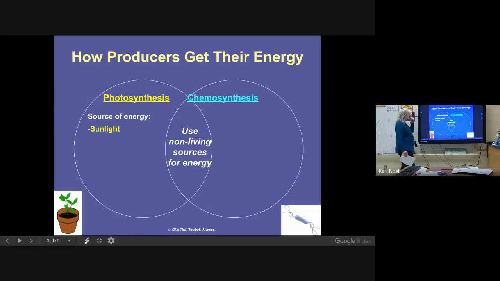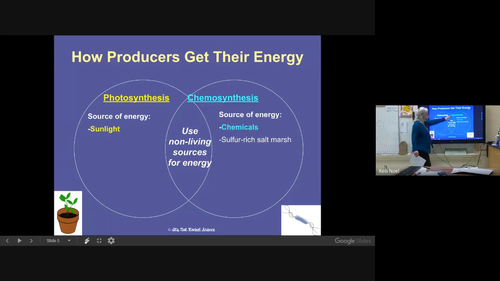Photosynthesis, the term photo is light. It is going to use sunlight. Chemosynthesis, chemo means chemicals, they're going to use chemicals. Usually it's going to be sulfur, but it may be some other types of chemicals. So one example is sulfur-rich salt marshes. Examples for photosynthesis are green plants, something called cyanobacteria that uses sunlight.